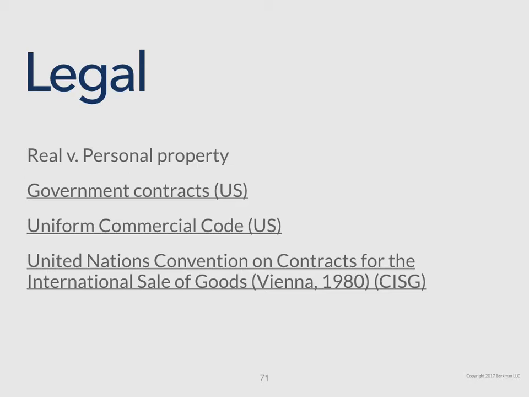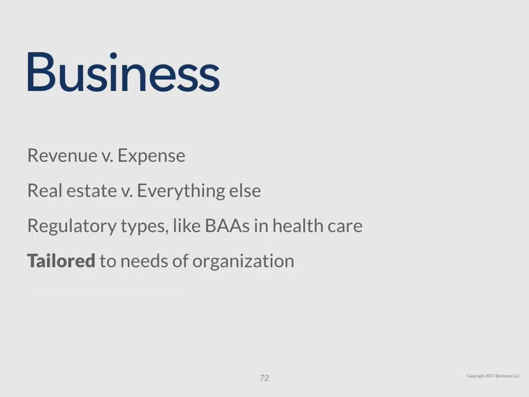And then internationally, the United Nations Convention on Contracts for the International Sale of Goods also provides some categorization and classification of contracts. But again, these legal classifications, for the purpose of managing commercial contracts for business value, sometimes might not be so helpful. What we're really after are what kinds of categorizations will be useful for our business, regardless of the legal classification of the contract.